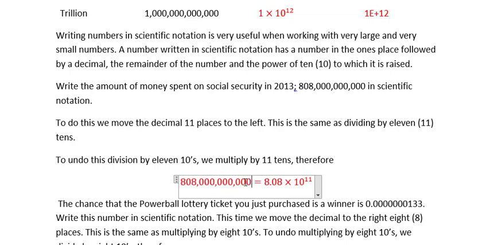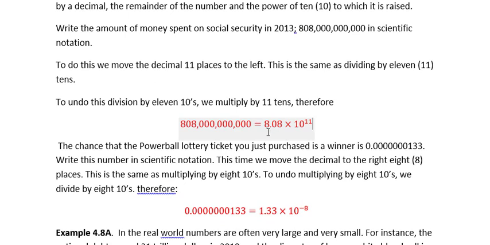That's where the decimal is, and we move it 1, 2, 3, 4, 5, 6, 7, 8, 9, 10, 11 places. If you divide it by 11 tens and get 808, to get the same number back, you have to multiply it by 11 tens, because that's what you're doing, dividing by 10, dividing by 10, dividing by 10.